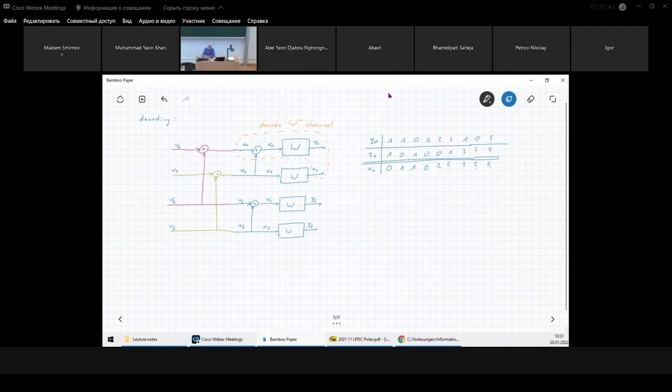So we can finally come up with the decoding function. Let's call it b minus, with y0 and y1 as the inputs.